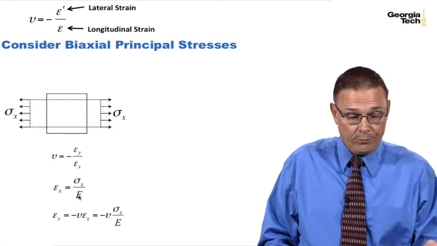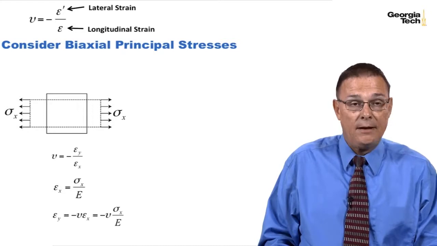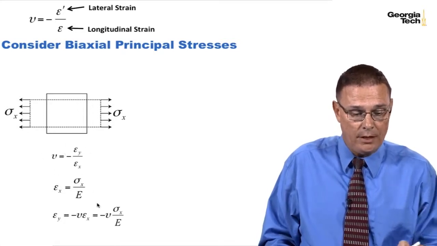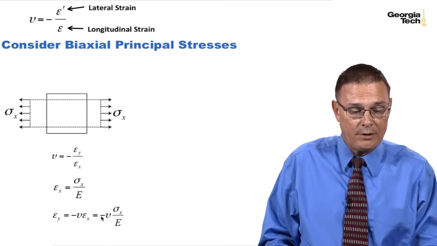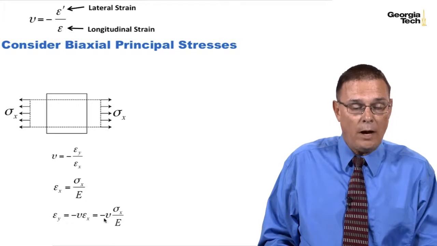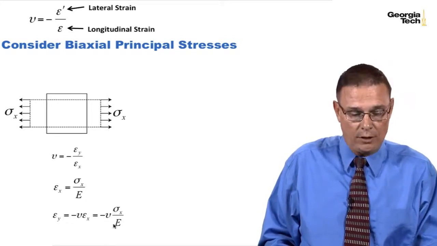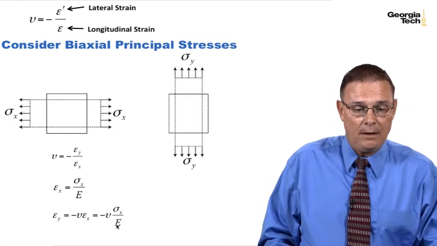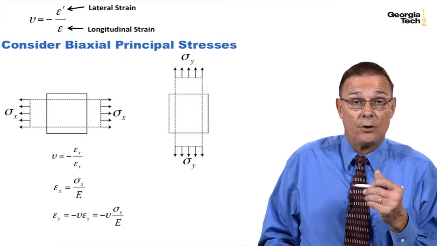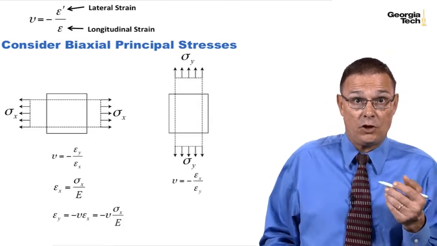Similarly, epsilon sub y is going to be minus Poisson's ratio times epsilon sub x from this equation here. And so I can substitute in for epsilon sub x using Hooke's law, and we get epsilon sub y is minus Poisson's ratio times the stress in the x direction divided by Young's modulus. I can do a similar approach when I add stress in the y direction, so I have a biaxial stress condition.